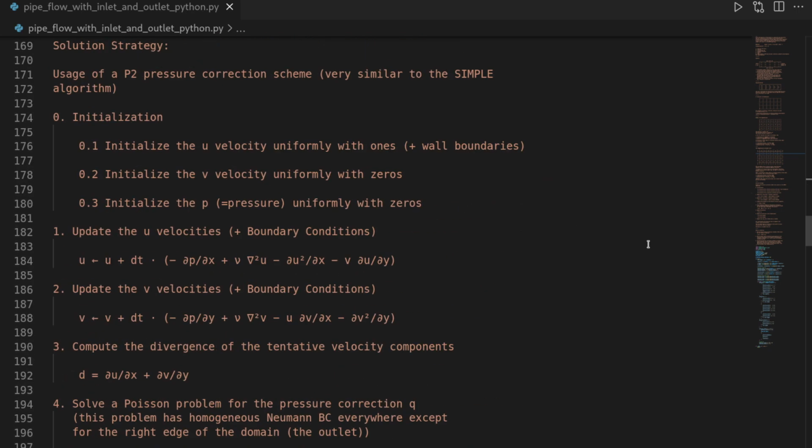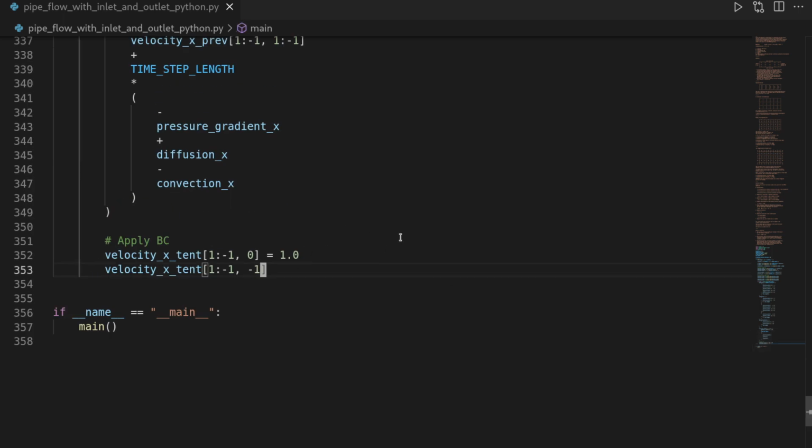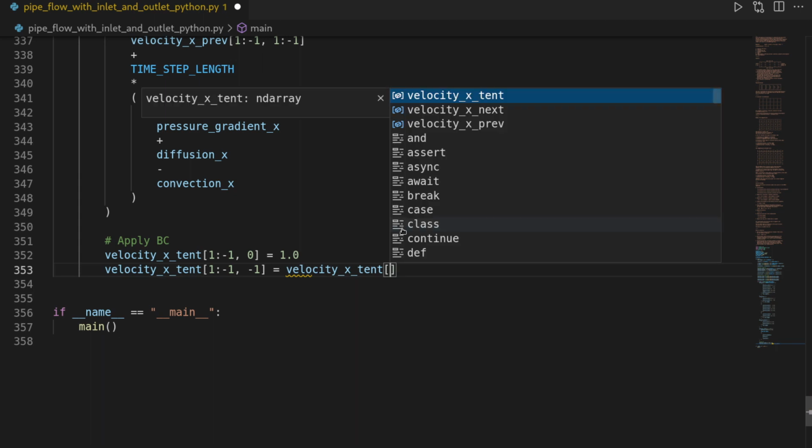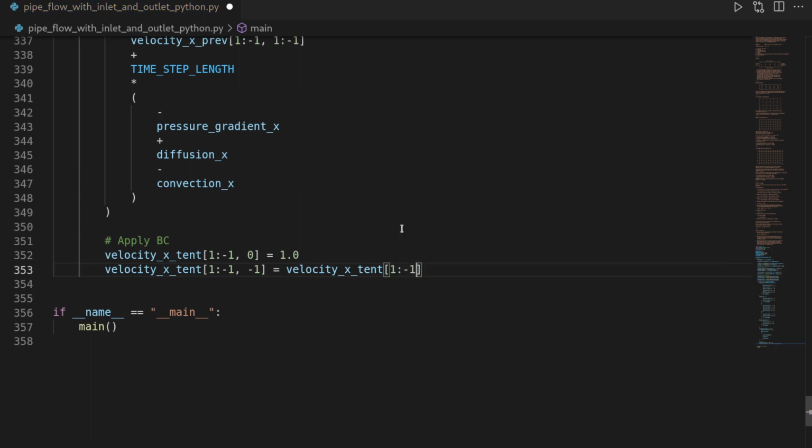So let's do that. Go back down here and say that this value is going to be equal to velocity x tentative interior in y direction, and then minus 2 here for the second to last. And this is the left and the right edge.